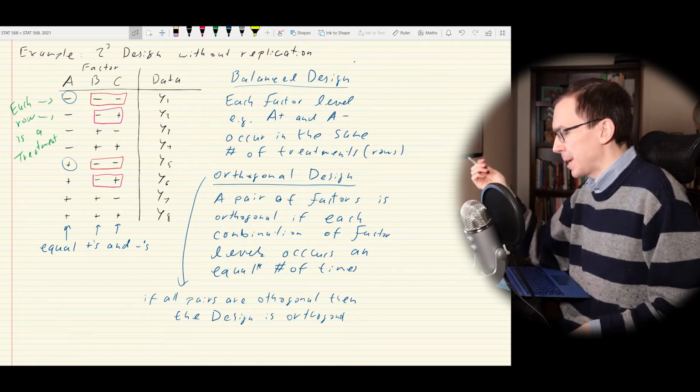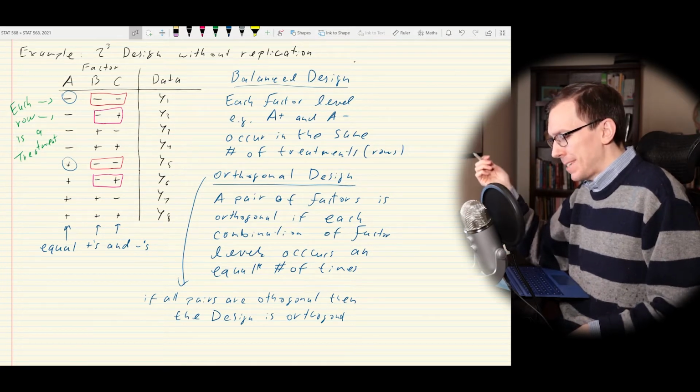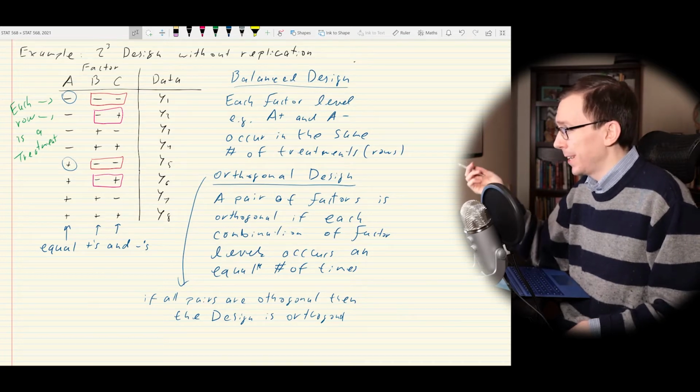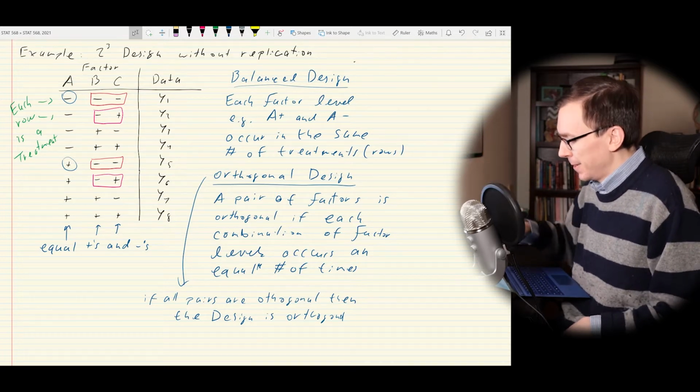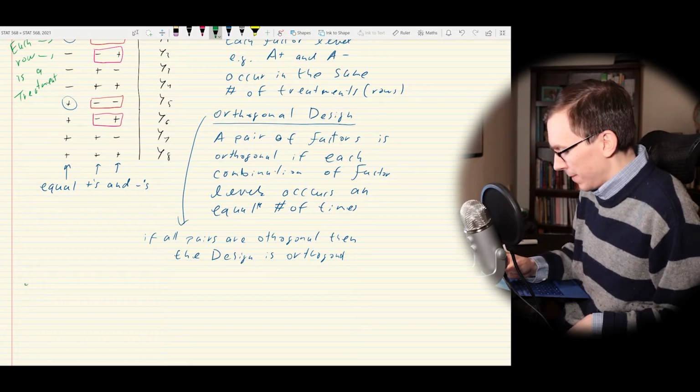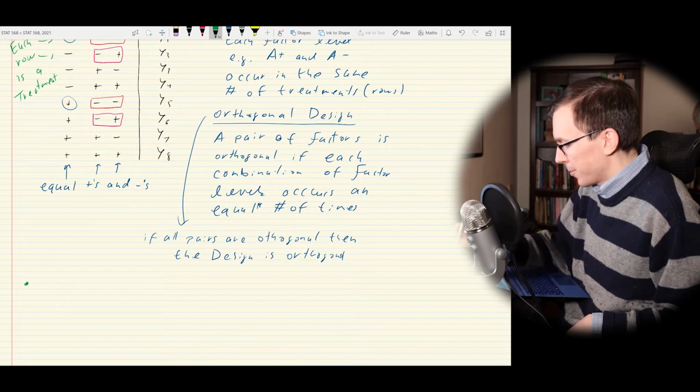Okay, so we still have some of the same notions that we talked about in the previous chapter. We have the idea of restricted randomization.